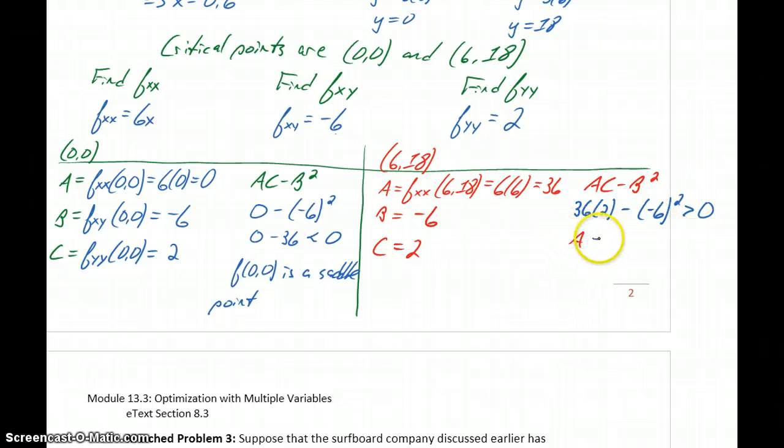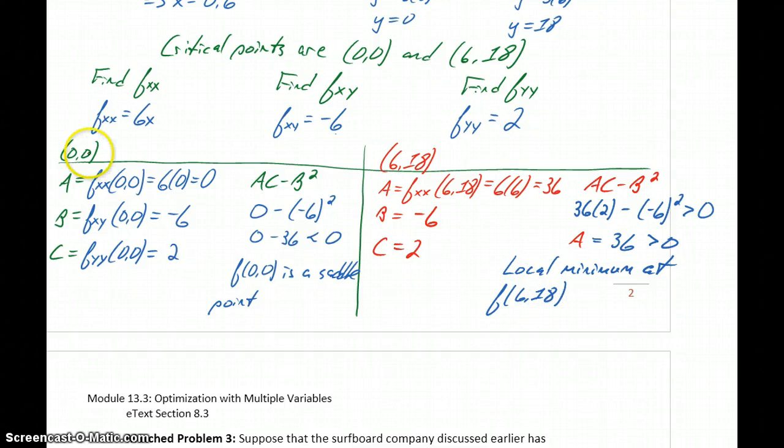In this case, A is equal to 36, which is greater than 0, which means we have a local minimum at f of 6, 18. So 0, 0 is nothing of interest. It's not a local extremum. 6, 18 is a local minimum in this case.